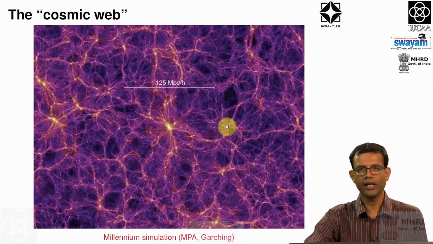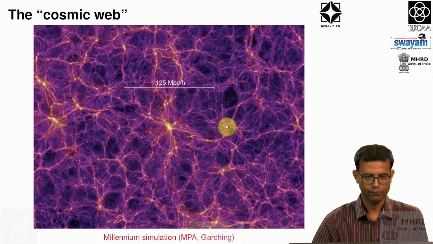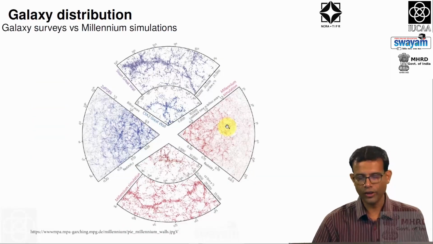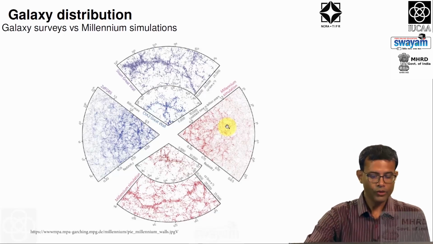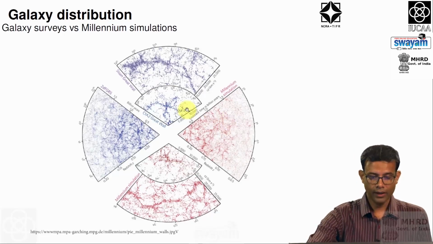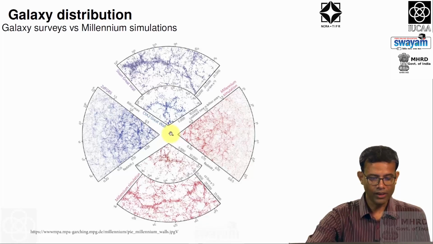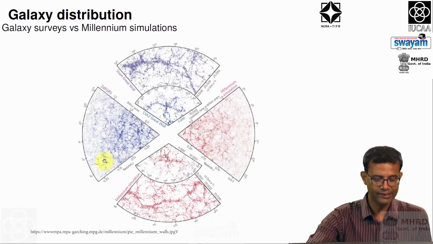These things can only be done numerically, as you can understand. You can ask, do they match observations? All these are fine, but what about observations? Remember, even in the first lecture I showed you the kind of observations you see when you look at galaxies around us. You take a slice in the sky, and you see all these structures.